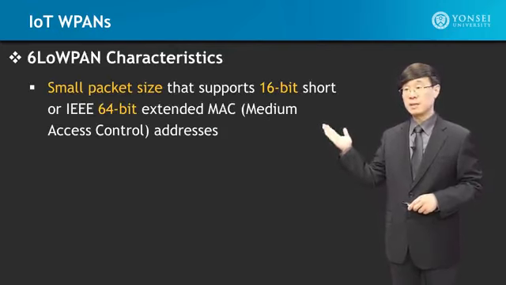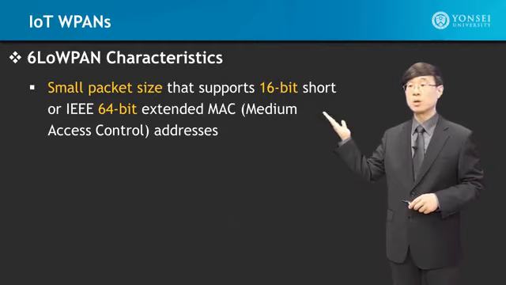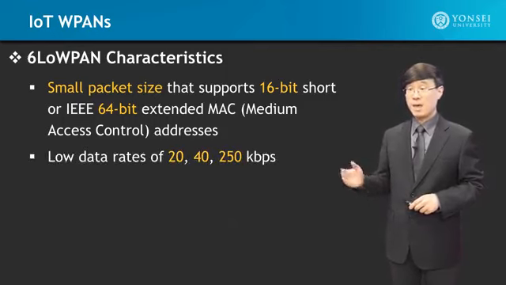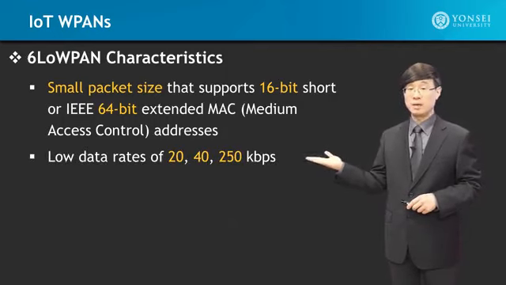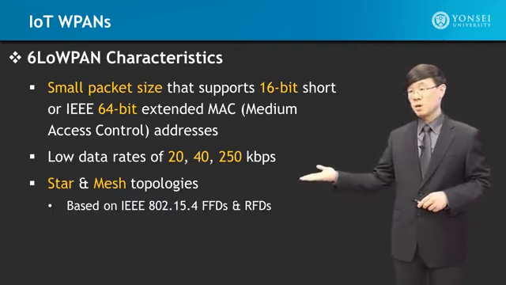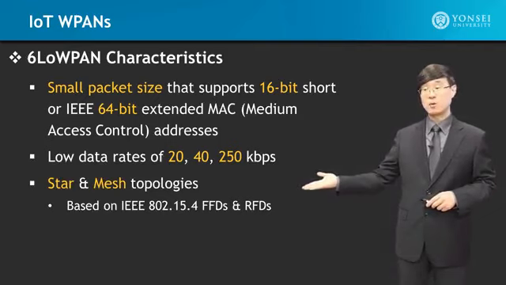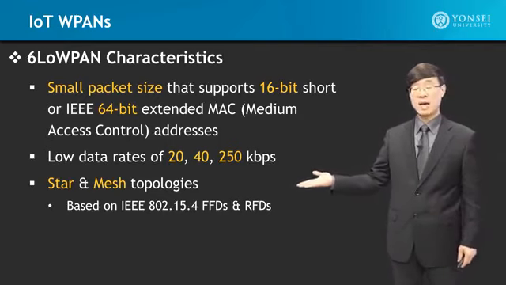6LoWPAN characteristics include small packet size that supports 16-bit short or IEEE 64-bit extended MAC addresses, and low data rates of 20, 40, 250 kilobits per second. Star or mesh topology using full function devices and reduced function devices of the IEEE 802.15.4 protocol.